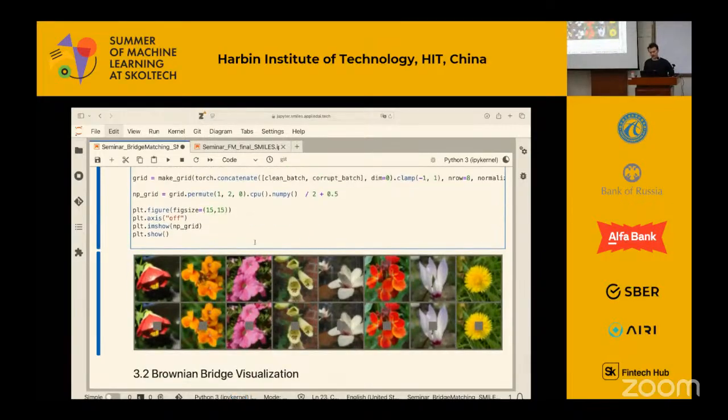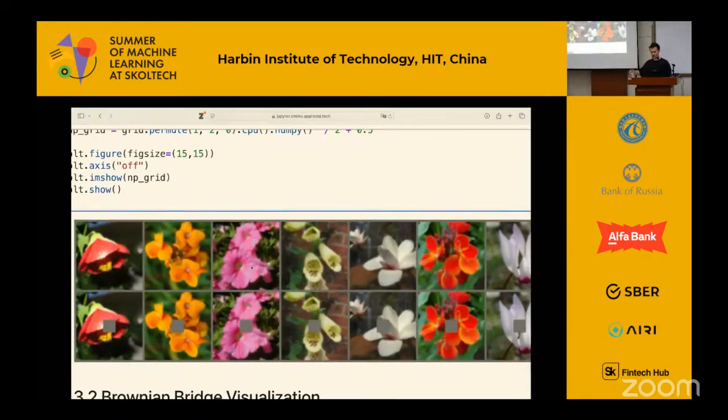Let's take a look at the result. Again, as you can see, on the top is the clean image, and at the bottom is the corrupted image. And this would be the data pairing for our bridge matching that we would use further. So in a sense, remember these two Gaussians, one blue, another red.